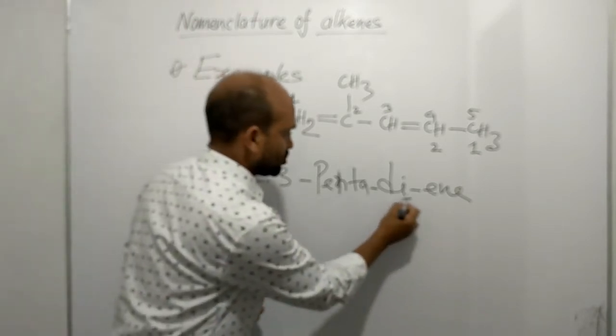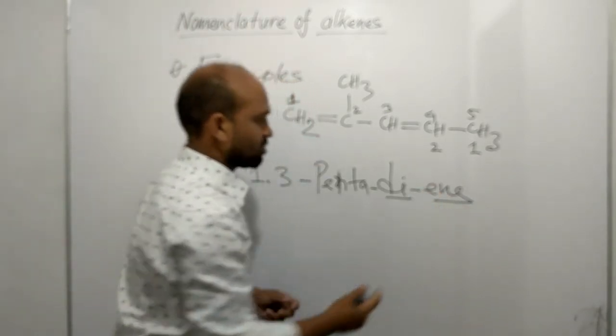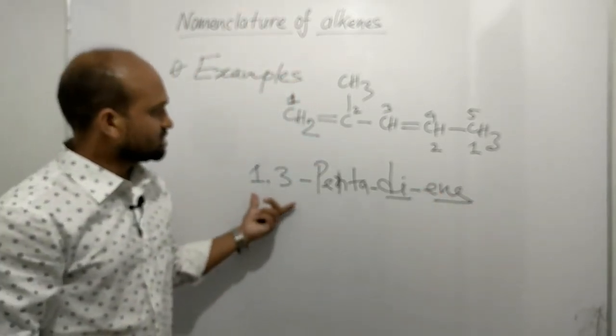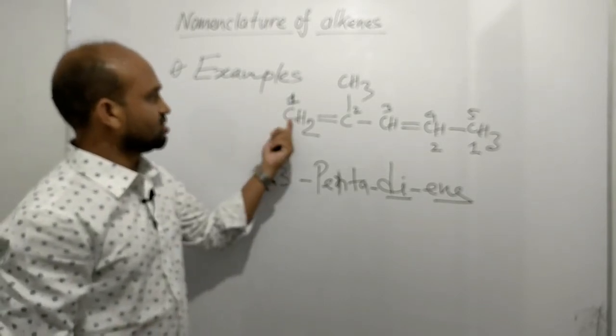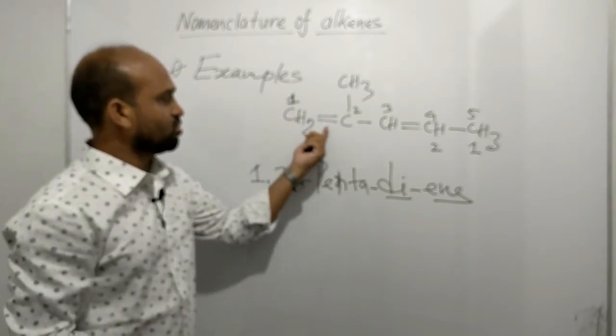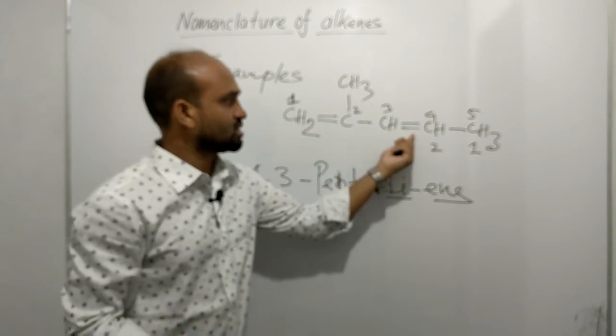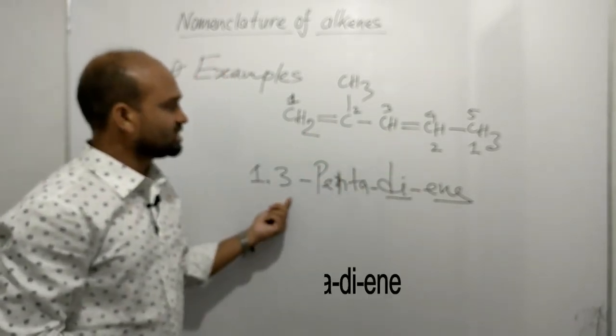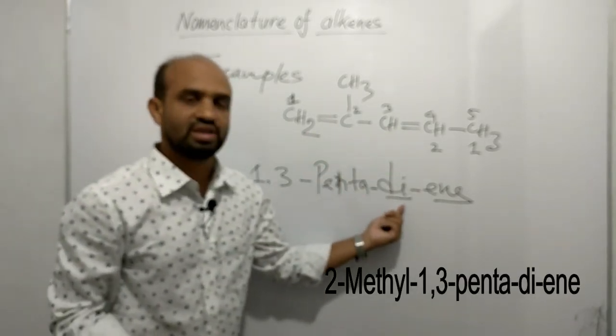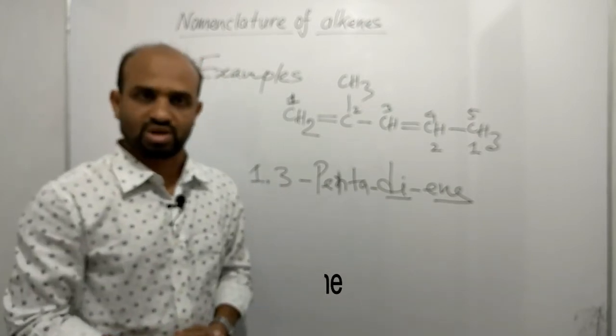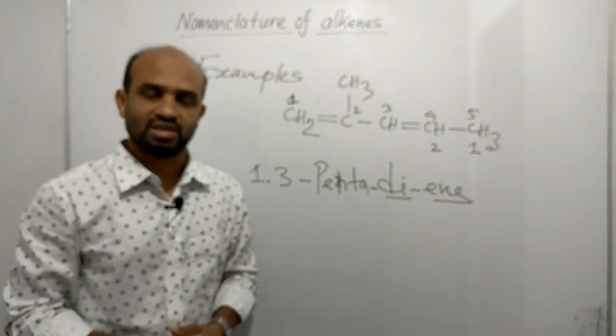Di means 2, and 2 carbon-carbon double bond. So its name will be 1,3. With carbon 1 there is double bond, and carbon 3 there is another double bond. So 1,3 pentadiene. 2 carbon-carbon double bonds here, that's why di is used here.